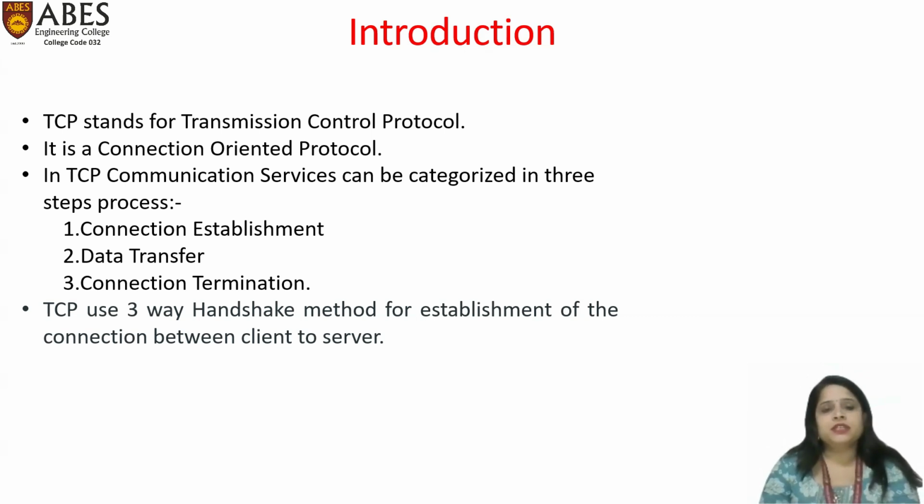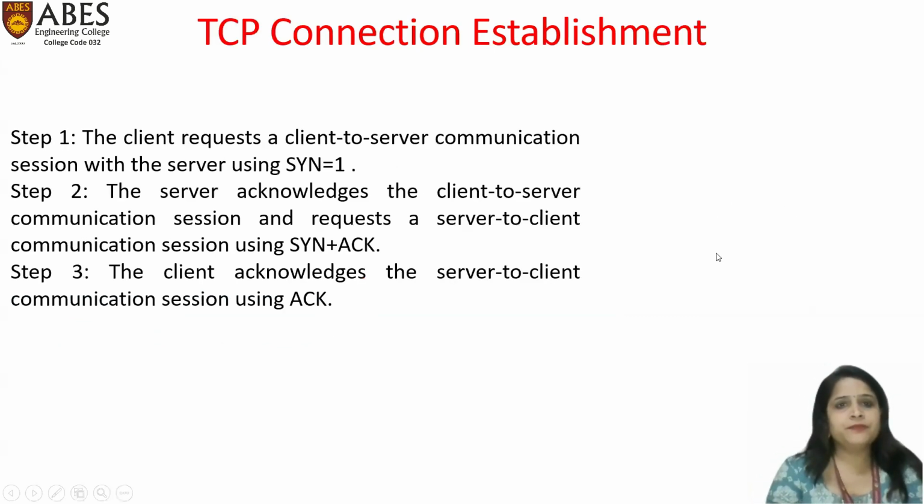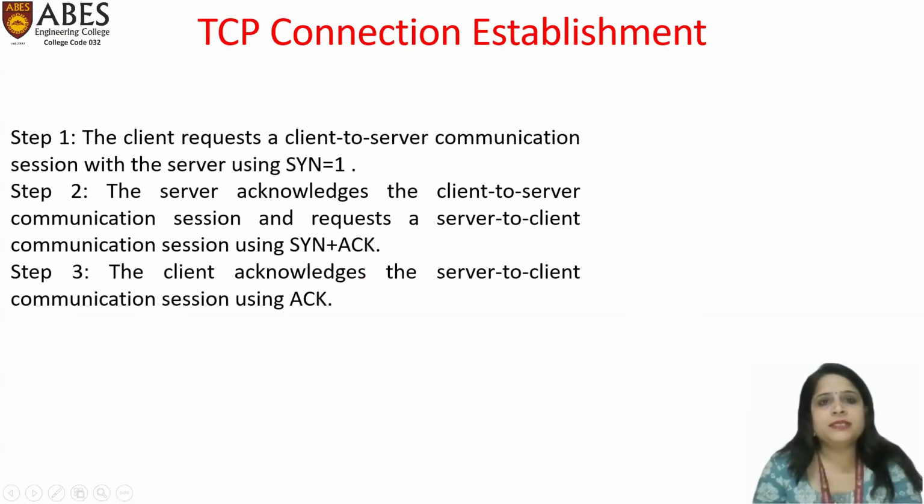So for establishing the connection in the connection establishment phase, TCP uses the three-way handshake method. Now we'll discuss TCP connection establishment, that is the first phase of TCP communication services.